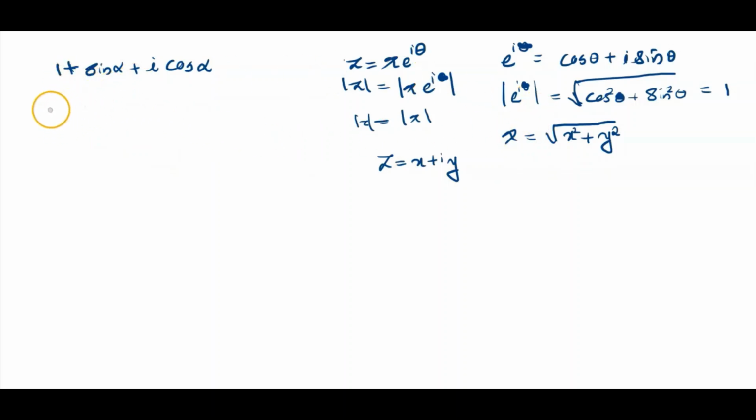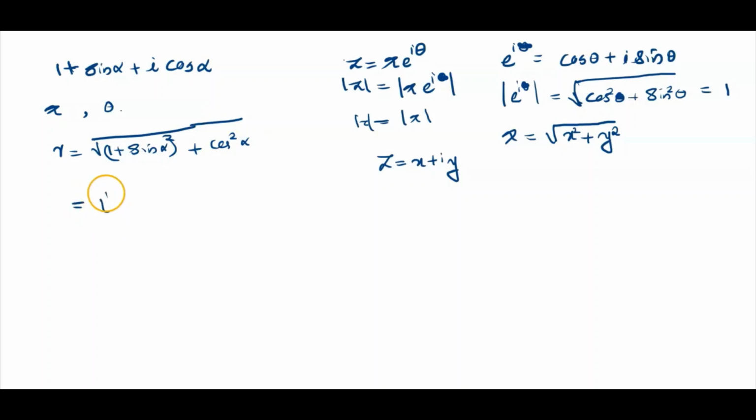So here we need to find r and the argument theta. r is simply the square root of real part square plus imaginary part square. That is 1 plus sin alpha whole square plus cos square alpha. 1 plus sin alpha whole square is 1 plus sin square alpha plus 2 sin alpha, and plus cos square alpha.